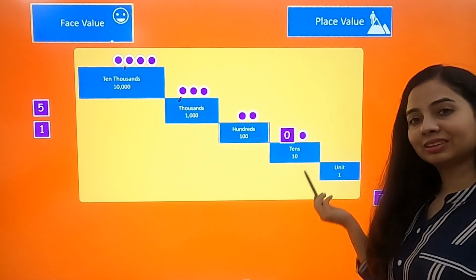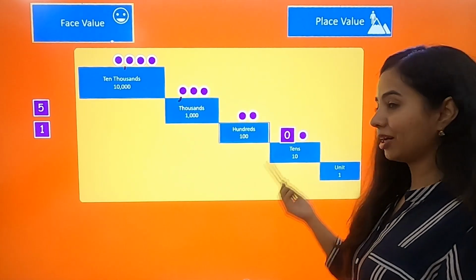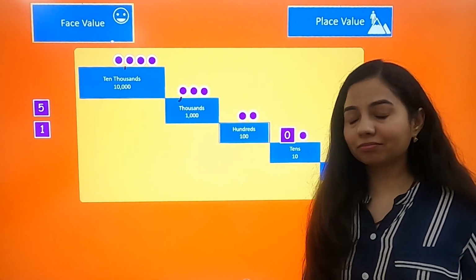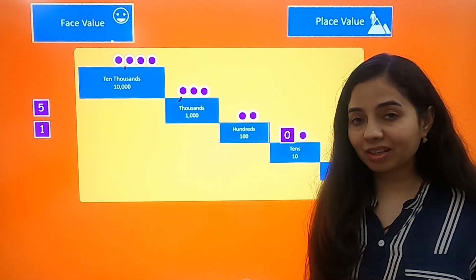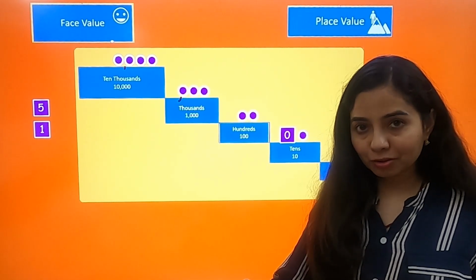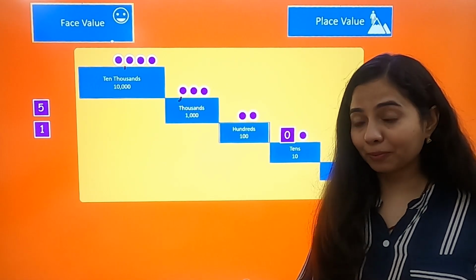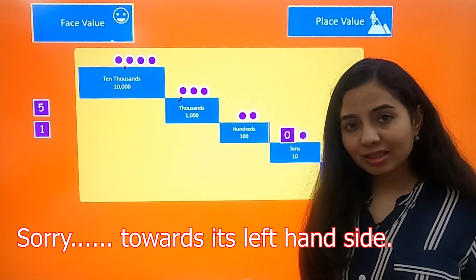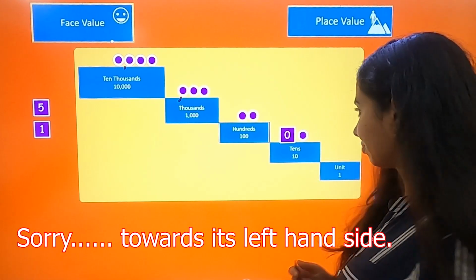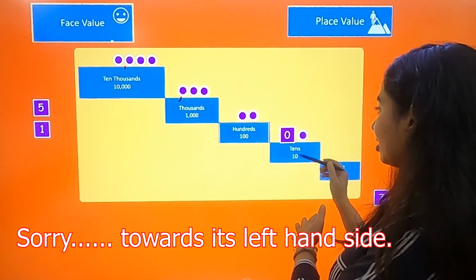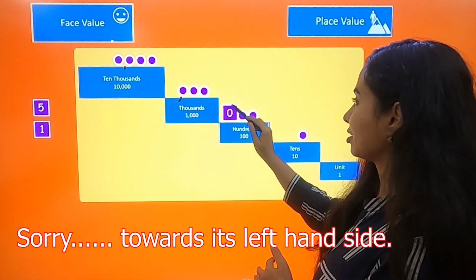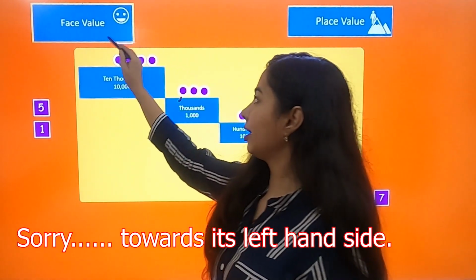Here, still 0. 20, 30, 40, it doesn't matter how many zeros you have. If there is no other digit towards its right hand side, apart from 0, then the value remains 0. All of us, we are clear about this. So here it is 0. Here also it is 0. Here also it is 0. Here also it is 0.